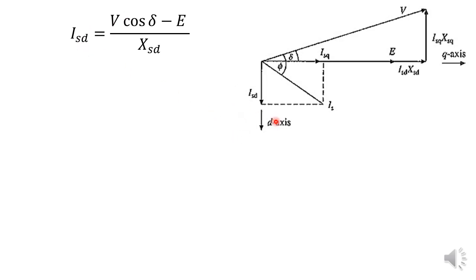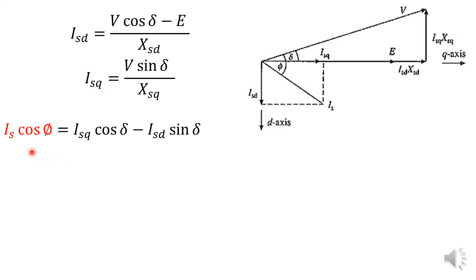Similarly, we can write the expression for ISQ also. ISQ XSQ is equal to V sin delta, so ISQ is equal to V sin delta divided by XSQ. So we have the two currents ISD and ISQ.